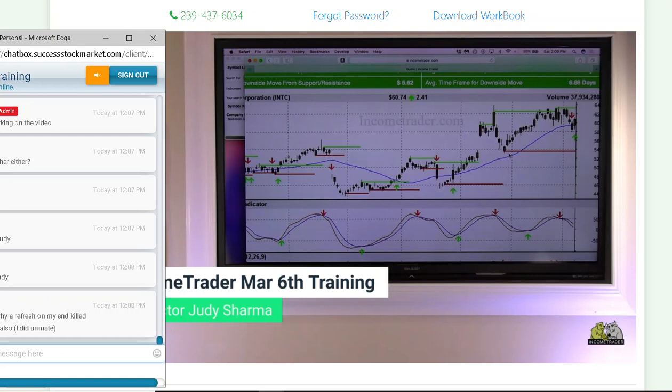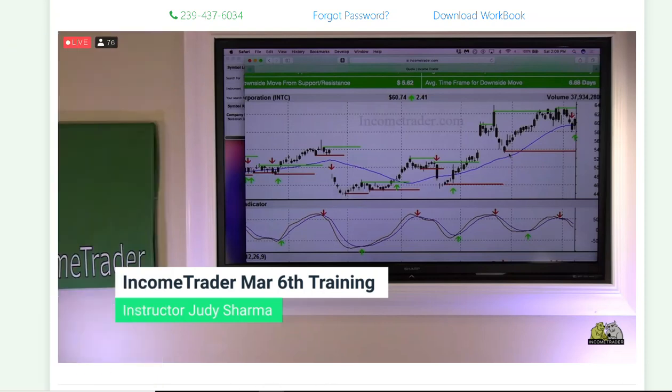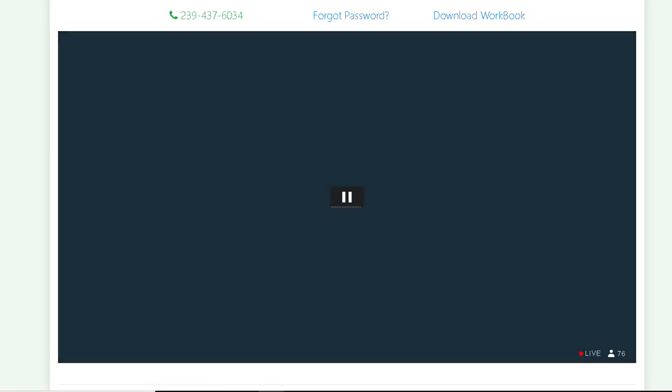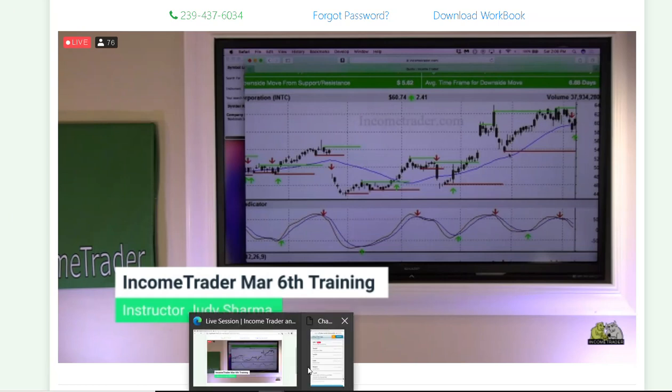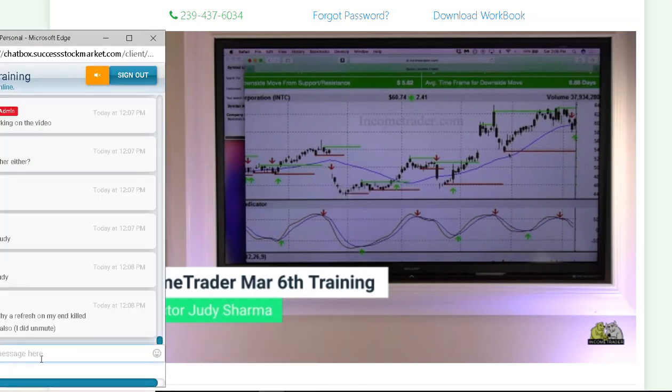So let's talk about what we are doing. We're looking for stocks, and we want to make sure they're good fundamentally. A good fundamental stock is one that is growing, has lots of cash in the bank, doesn't have a lot of debt, has good earnings this quarter and last quarter, and is projected to have good earnings in the future.